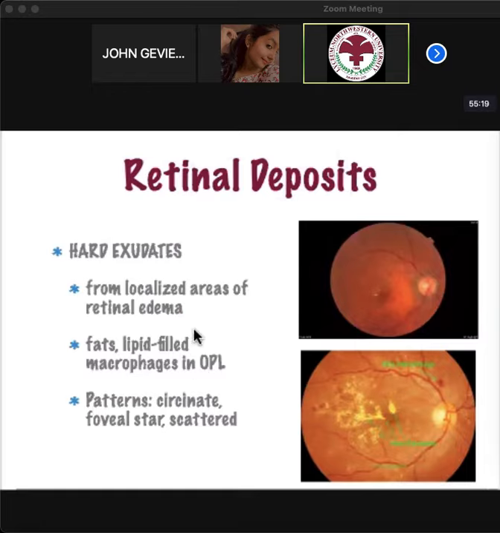These are composed of fats or usually proteins, lipoproteins. And these are from localized areas of retinal edema. So usually where the exudates are, there could be edema. So usually they are associated with diabetic edema or macular edema. The patterns could either be circinate, confluent, foveal star, or scattered.